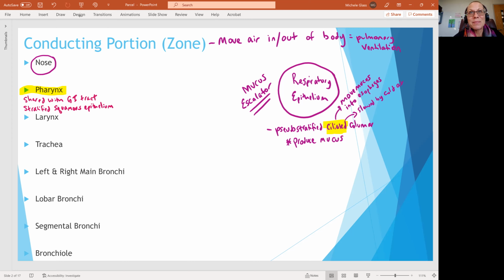But breathing through the mouth is less than ideal. And a lot of us are spending a lot of time breathing through our mouth, even when our nasal passages are not obstructed. Now, why do we want to breathe through the nose?